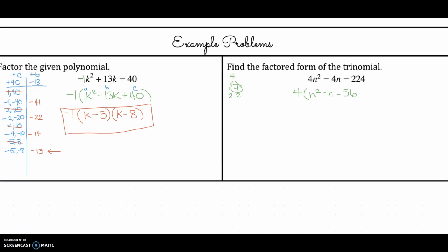So now I'm going to use these numbers. So I'm going to label my A, B, and C so I can use them in my table. So A is in front of the n squared term, so A is just 1.